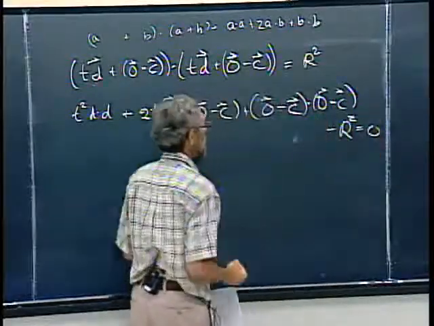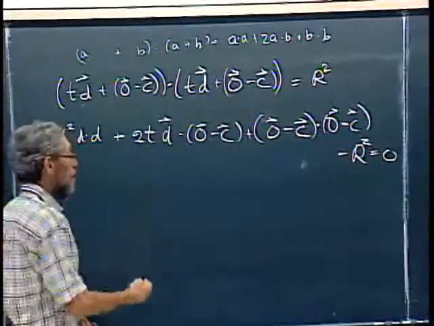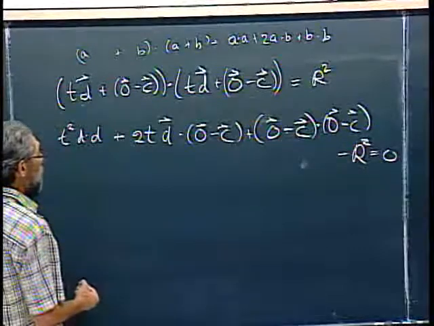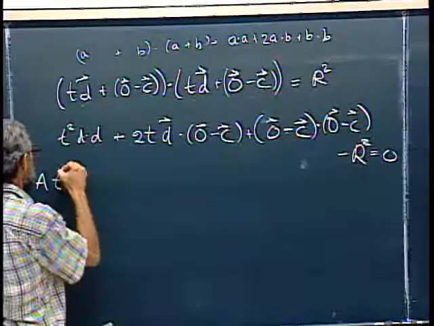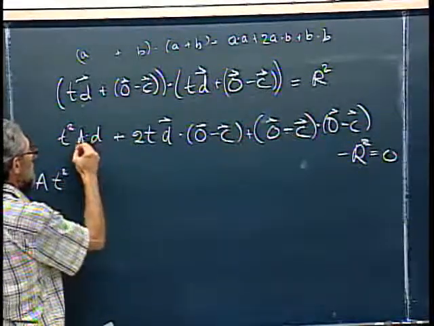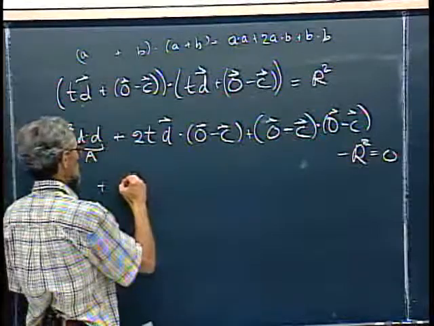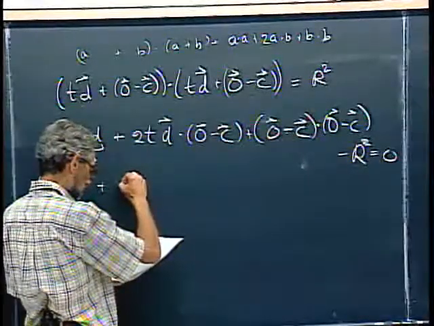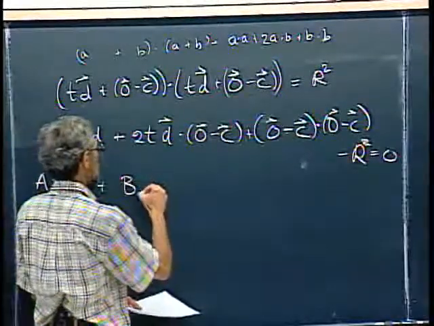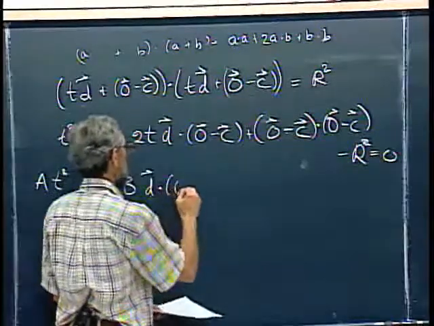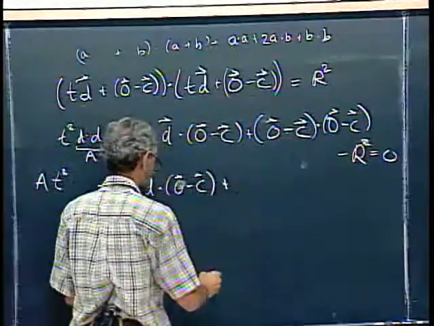I'm going to bring the r squared to the other side just because I want it in the form f of something equals 0. And so I can say this is a t squared. This d dot d is a scalar, so this much is my a, plus, do I want to keep the 2 in there? Maybe not. B times d dot (o minus c). Plus, oh, I didn't want to do that, did I?